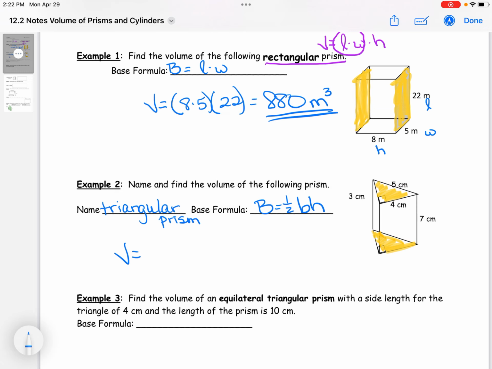So the volume is 1/2 times 4 times 3 times 7. Half of 4, so it's really 2 times 3 times 7, which is 6 times 7, which is 42 cubic centimeters.